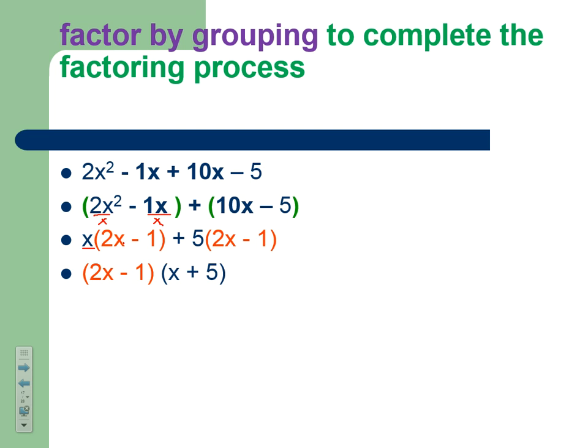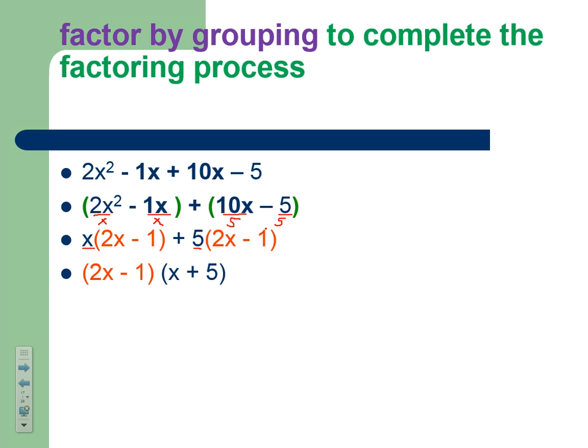And that will tell me what's left in parentheses, 2x minus 1. Now I go to the second group and I take out a GCF, and its GCF is 5. Once I divide by 5, that will tell me what's left in the parentheses here.